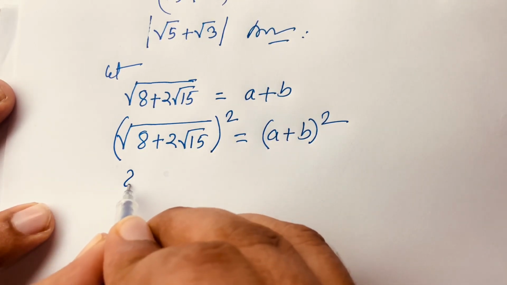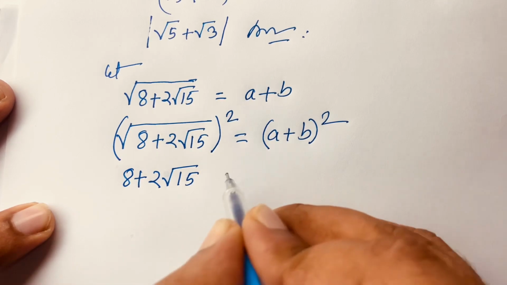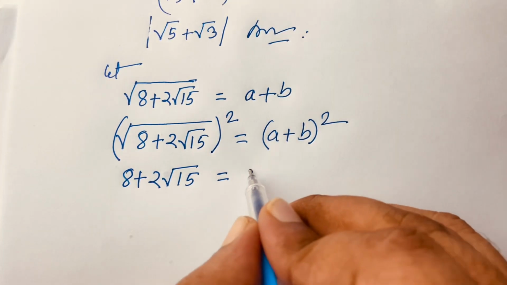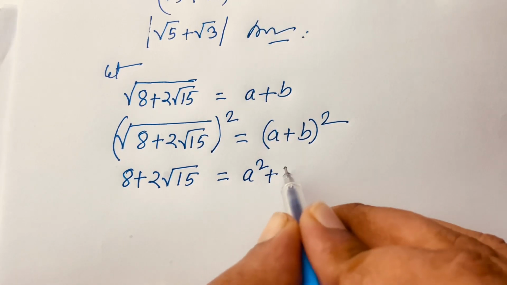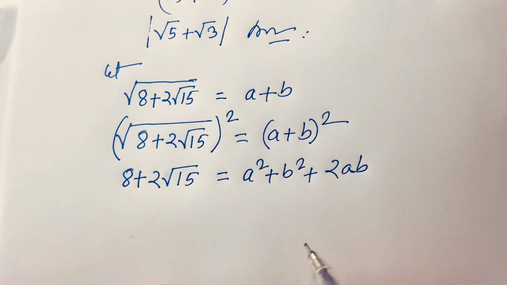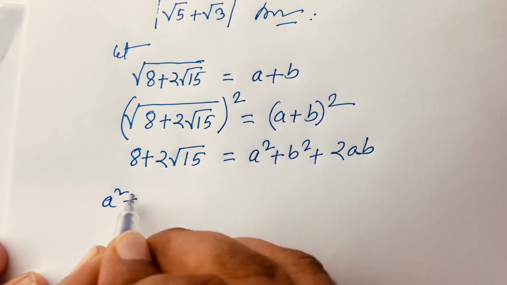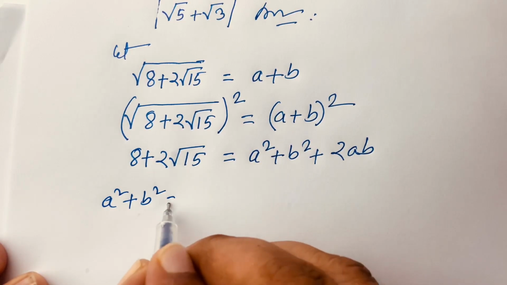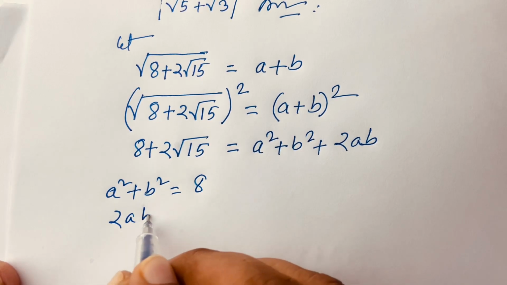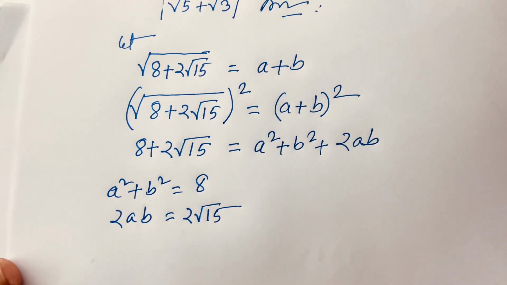We find 8 plus 2 square root 15 is equal to (a plus b) whole square, which is a square plus b square plus 2ab. Then a square plus b square is equal to 8, and 2ab is equal to 2 square root 15.